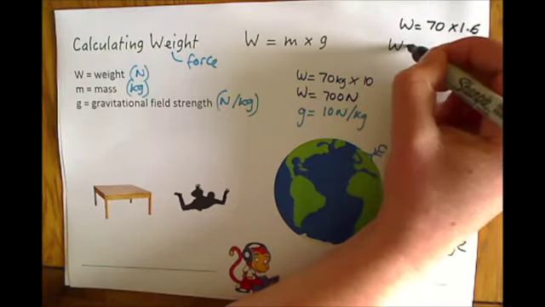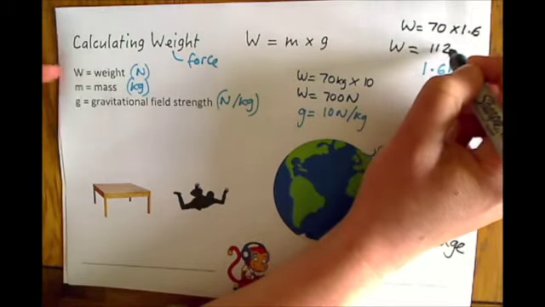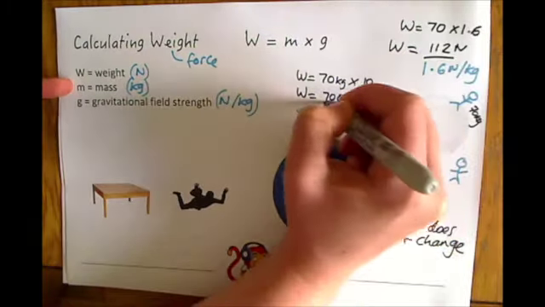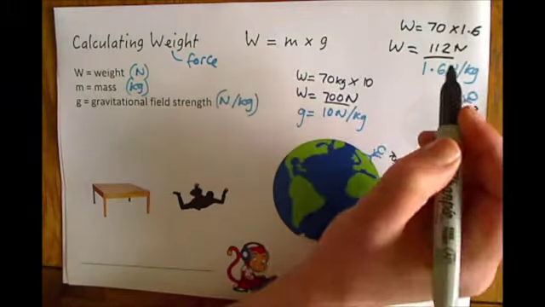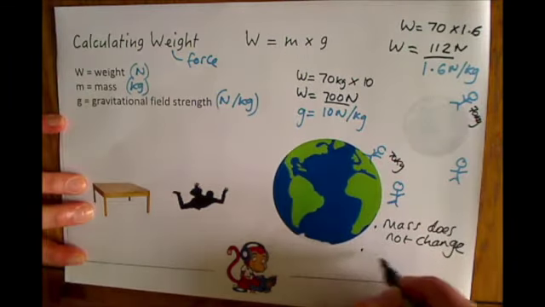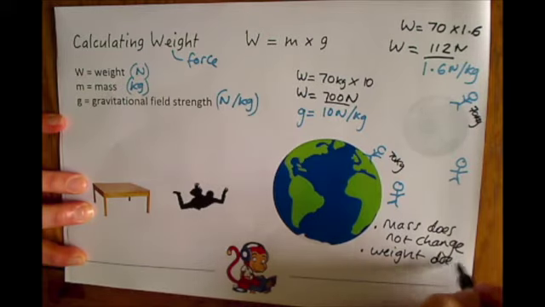So his weight on the Moon would be 112 newtons. So his mass is the same, but the weight is different. So the mass does not change, but the weight does change.